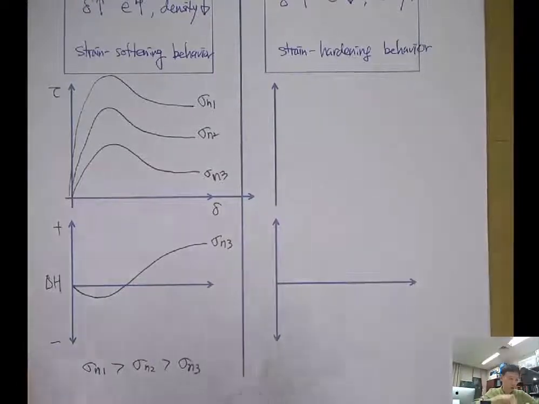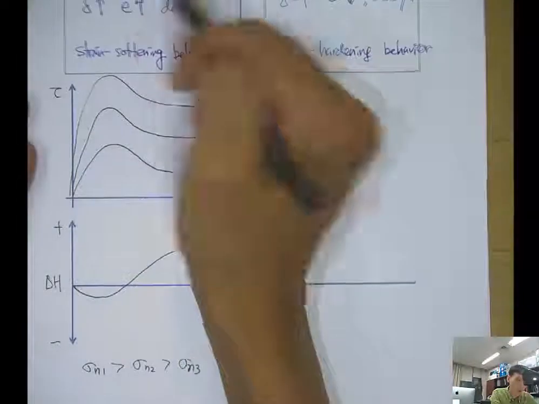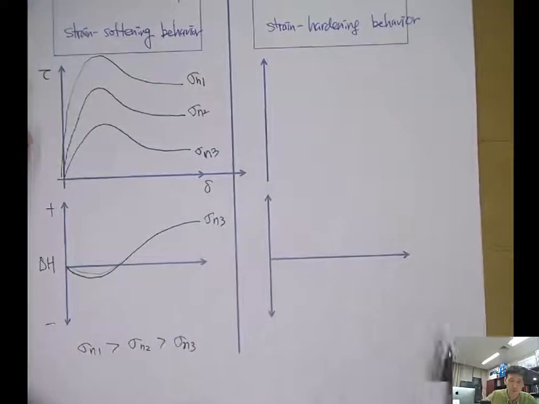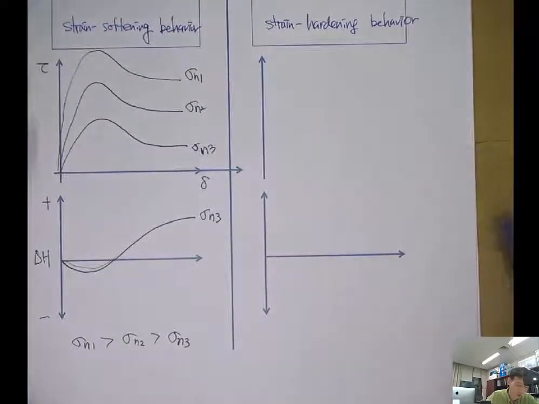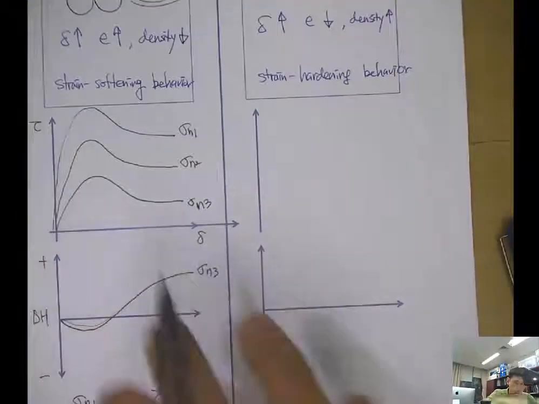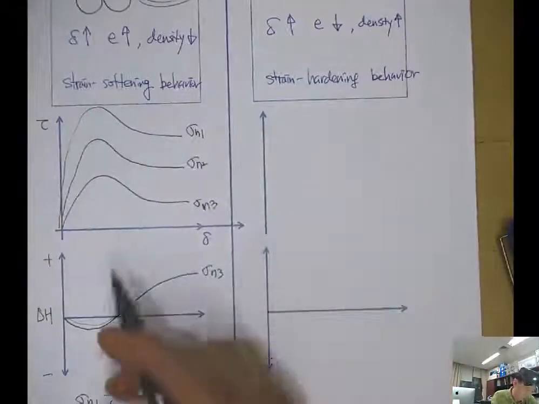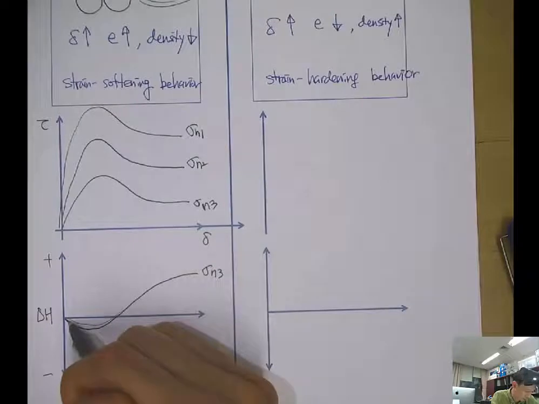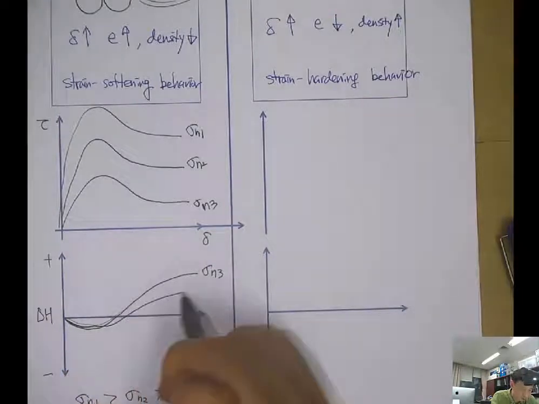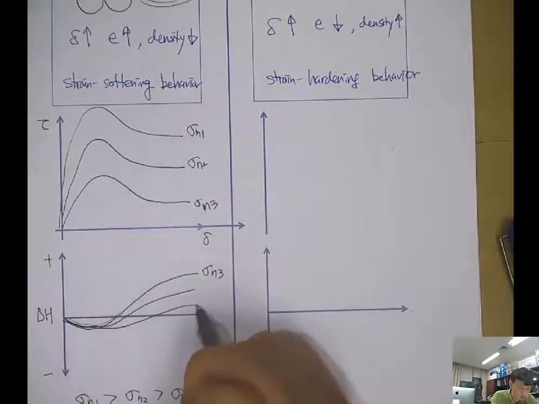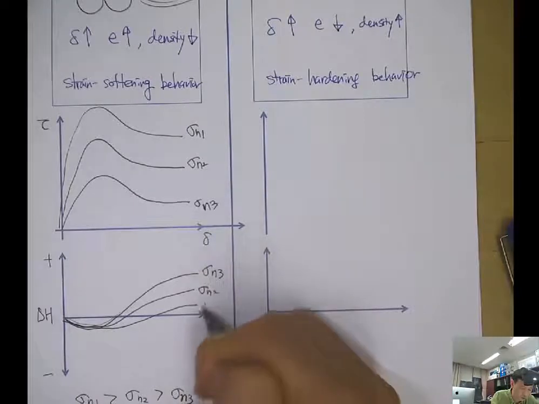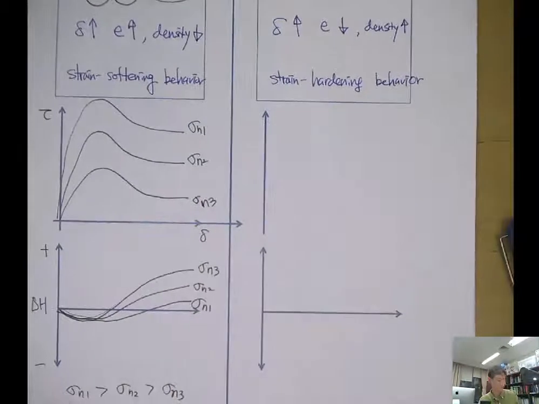As shearing occurs, the particles will try to dilate, so the volume will go up. But as the normal stress increases, the dilation will be suppressed, so it will be like this.